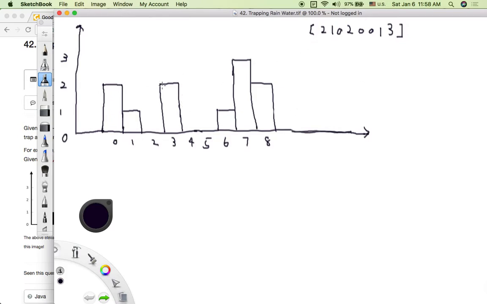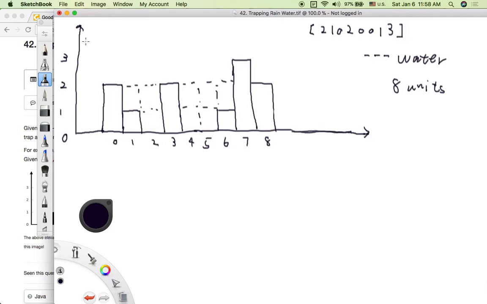If we draw the picture of the total amount of water that can be trapped, we can use a separate line to indicate the water. The total amount of water trapped by this group of bars would be like this. There are 1, 2, 3, 4, 5, 6, 7, 8.